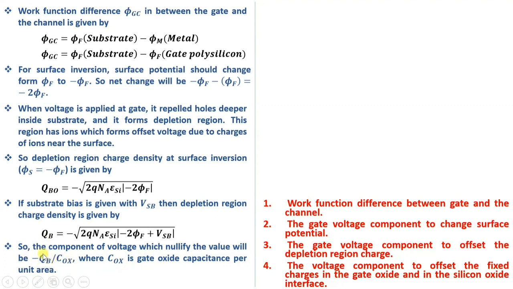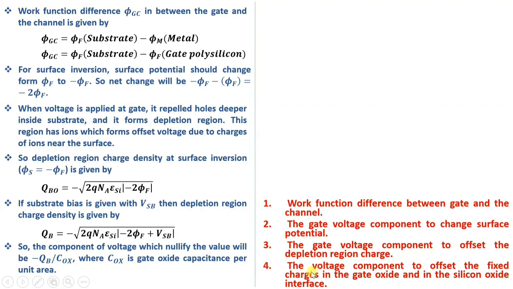And to nullify this effect of voltage, we need to apply minus QB divided by COX. Here QB divided by COX, that will be resultant voltage because of this third component. But to nullify that, we need to provide minus QB divided by COX, where COX is gate oxide capacitance per unit area.